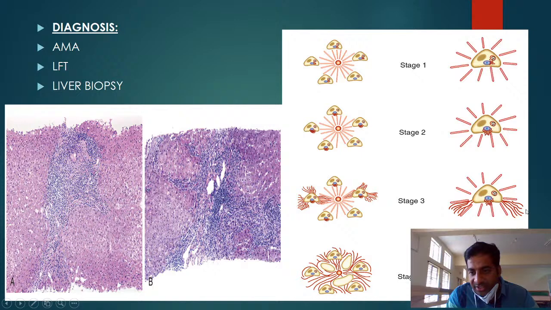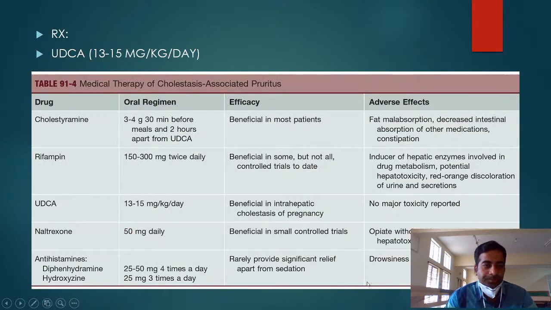Stage 3, you have bridging fibrosis. Whenever the patient has bridging fibrosis, you call it stage 3. Stage 4, you have nodule formation and cirrhosis. Bridging fibrosis along with nodules, that is stage 4.